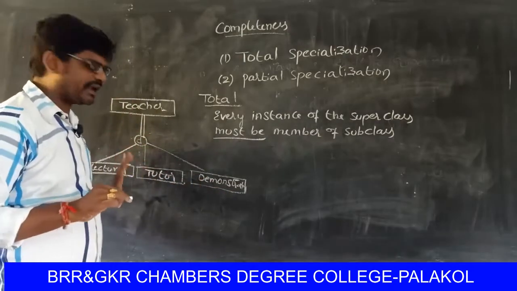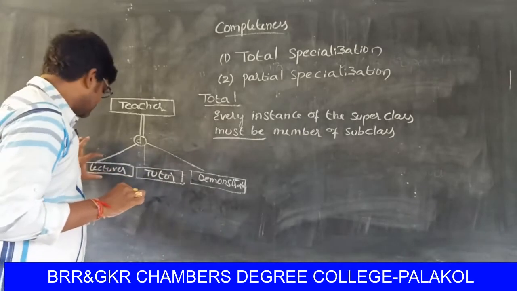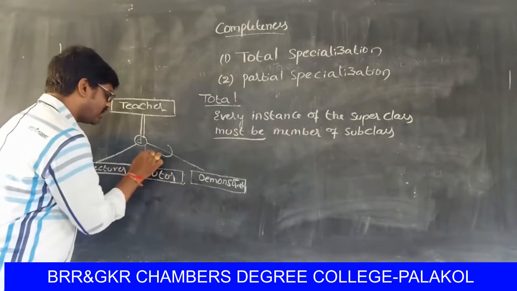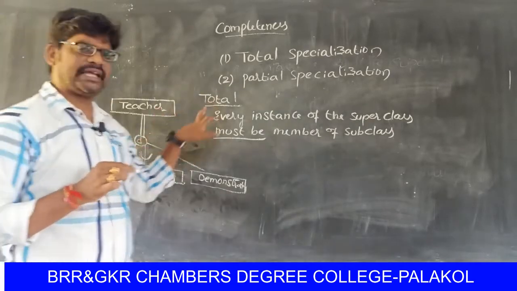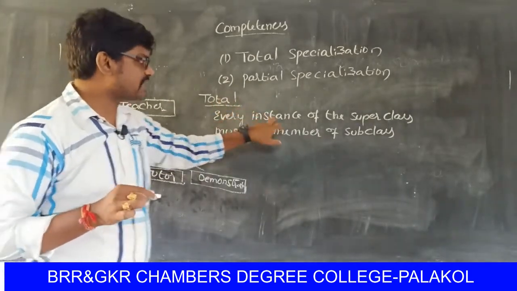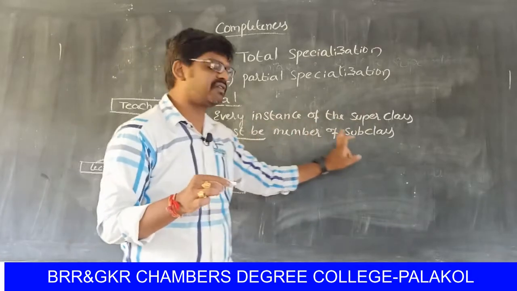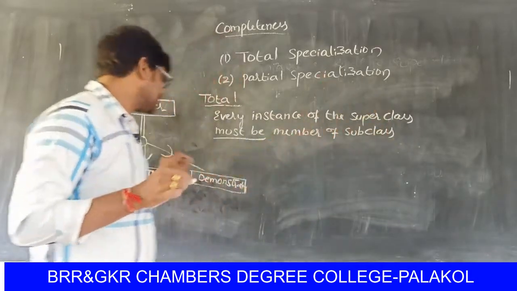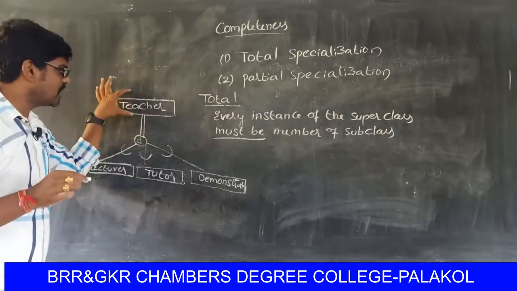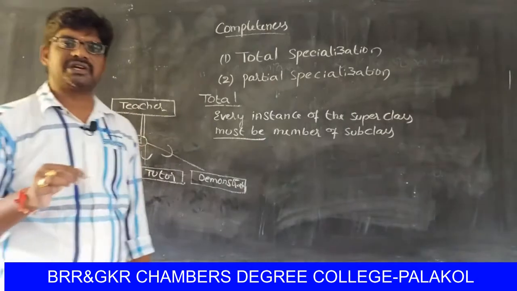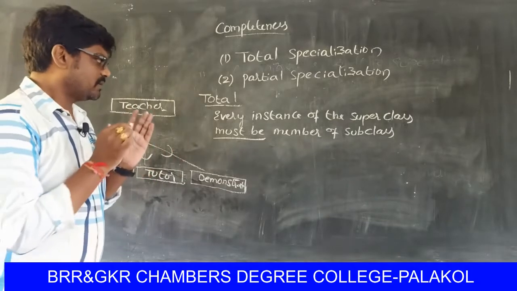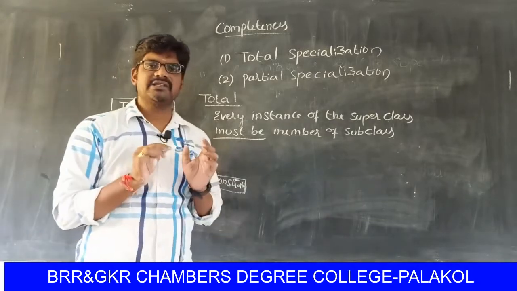It must be a member of any of these subtypes. That means it belongs to either a lecturer or tutor or demonstrator. We call it a total specialization or total completeness constraint. Every instance of the superclass must be a member of at least one subclass. So every member of the superclass must be a member of a subclass.